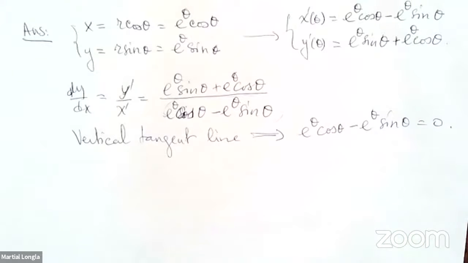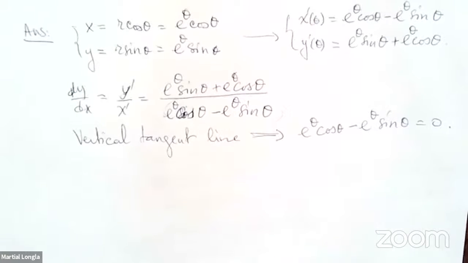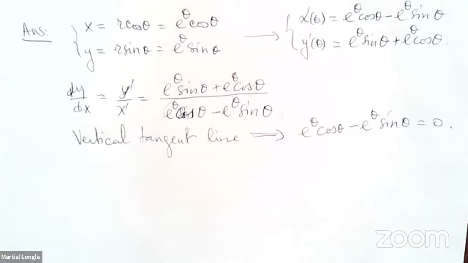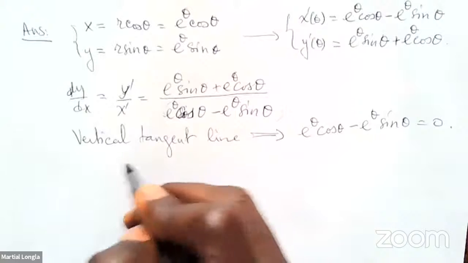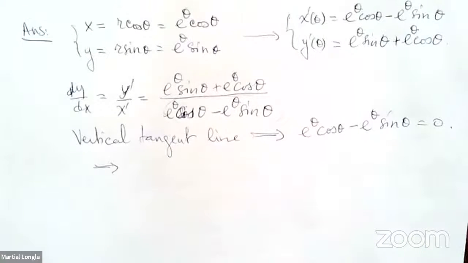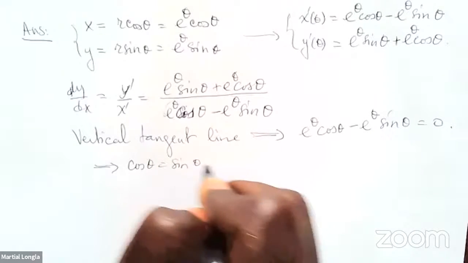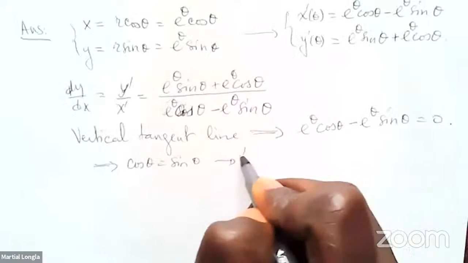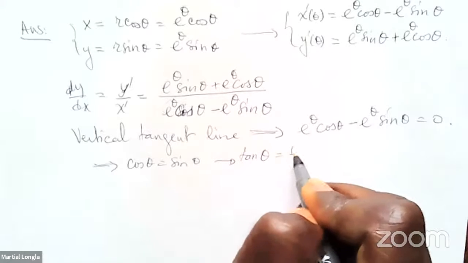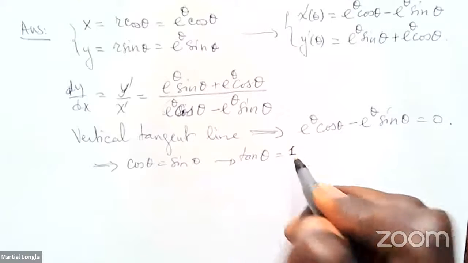So you need to solve that. In this case, what you get is cosine theta equals sine theta, which means tangent of theta is 1.